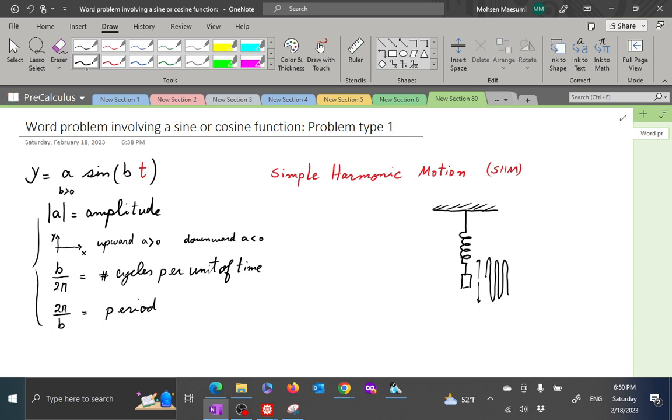So if I start from the middle, go up, come back down, and come back to the same initial location, that is considered one period. The length of that period is 2 pi over b. You remember that in general this was a sine of bt plus c, plus d. Those more general cases can also be used in similar problems.